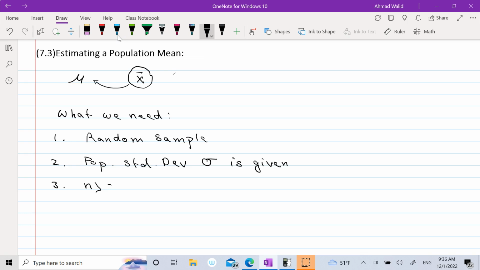3, sample size. Our n should be greater than 30, or if it's not greater than 30, we should have these 2 words in the problem, correct? Population is normally distributed.